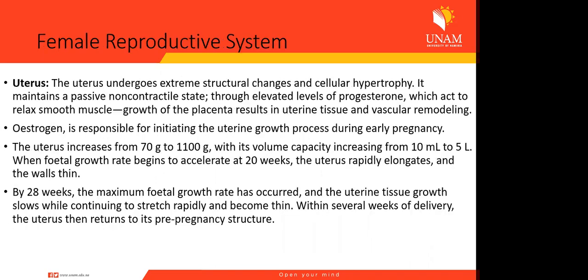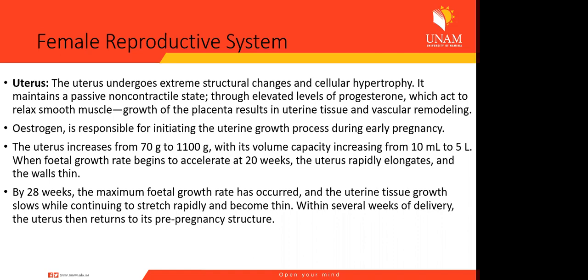All right, so we look at the systems. The first system I want us to look at is the female reproductive system itself. And our concern is the uterus because that's what houses the growing fetus. The uterus undergoes extreme structural and cellular changes.